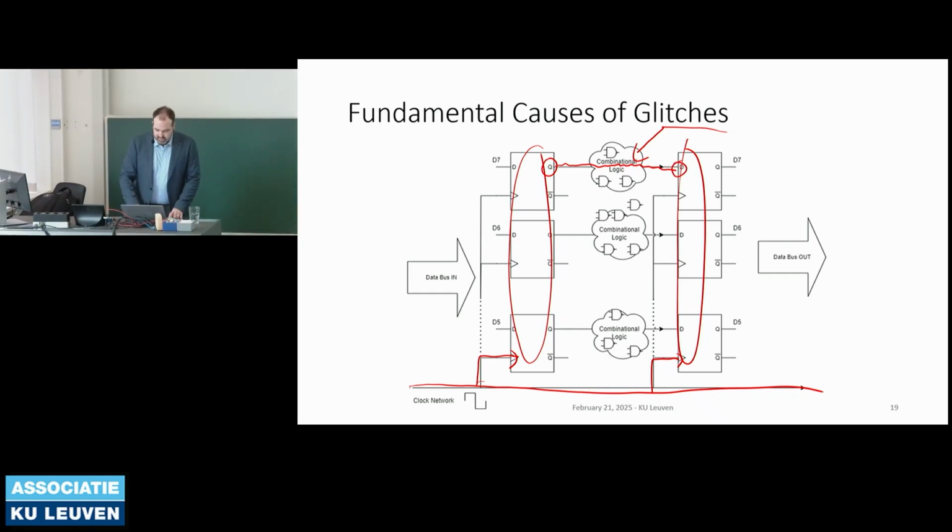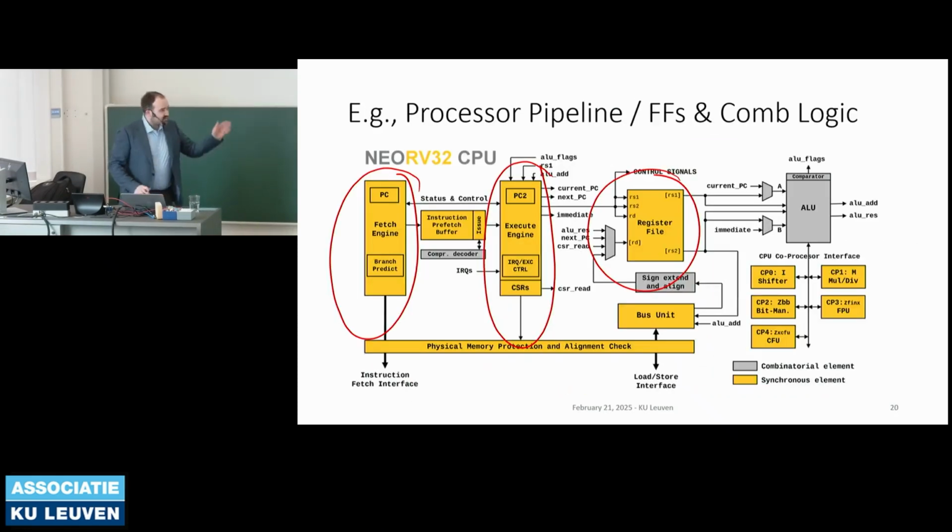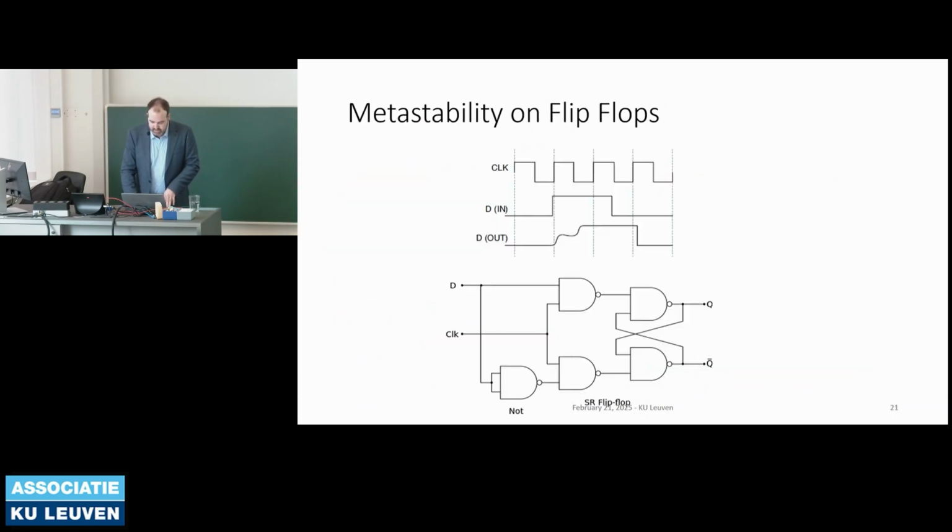So what you can imagine is that if I'm executing instructions and the data doesn't make it in time for the clock, it's going to execute the wrong instruction because it's malformed, maybe the previous instruction. And so there's a few ways of doing fault injection.